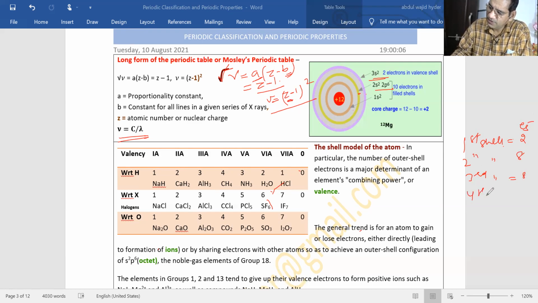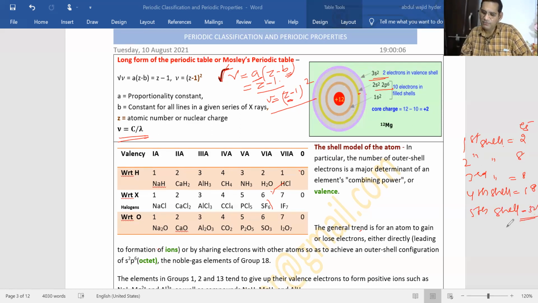In the fourth shell, it is 18, and in the fifth shell, it is 32 electrons. So in the first shell, 2 electrons. In the second shell, 8 electrons. In the third shell, 18 electrons, and in the fourth shell, 32 electrons, and from the fifth onwards, maximally 32 electrons can be there. This is what I have written here.